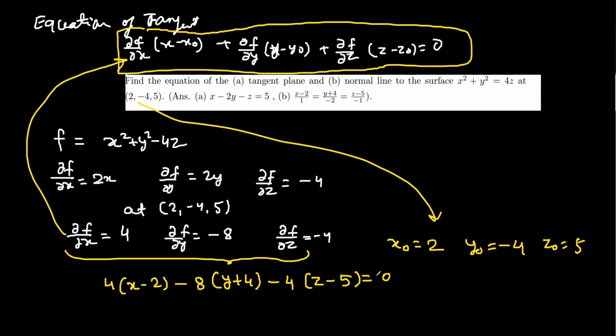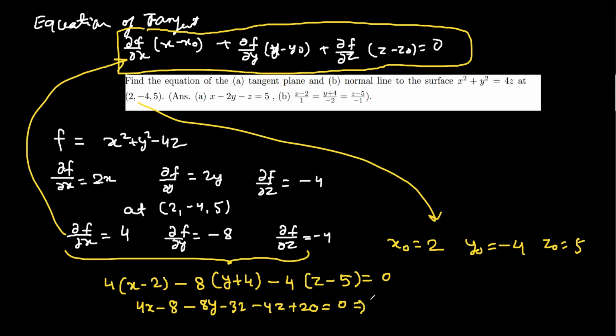Up to here you understood? Now simplify this. When you simplify this, you will get 4x minus 8, minus 8y minus 32, minus 4z plus 20.